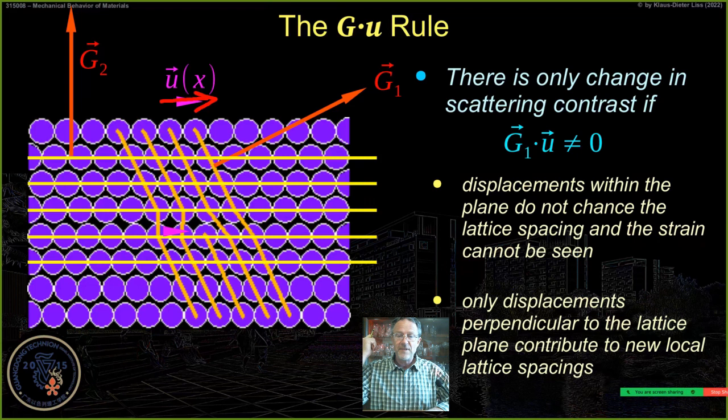The situation with the dislocation is that we have a scattering vector g1, and as we have displacements here, the atoms move around horizontally in this direction.